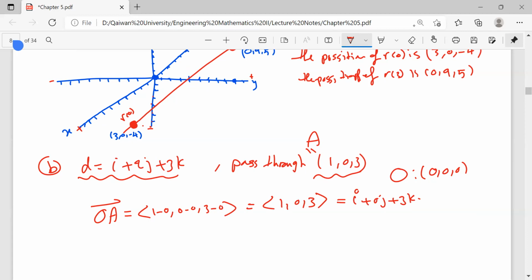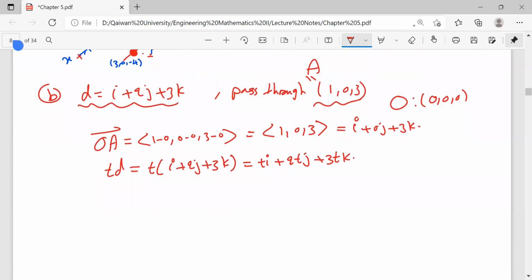And we should find t times D. We multiply each component in D by t. We get t times (i plus 2j plus 3k), which equals ti plus 2tj plus 3tk.